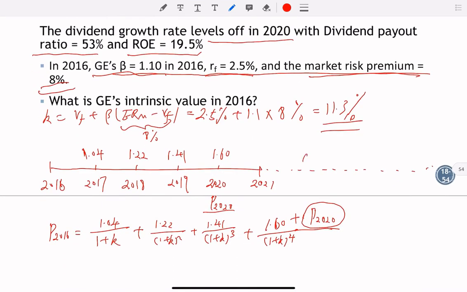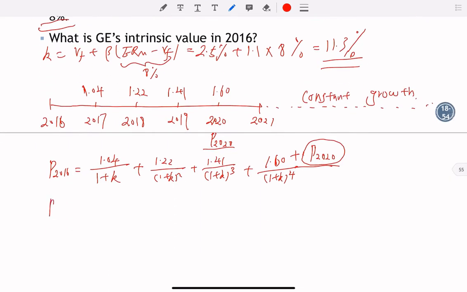For all periods after 2020, we could use the constant growth model. So let's calculate P2020. We should use D2021 divided by K minus G.